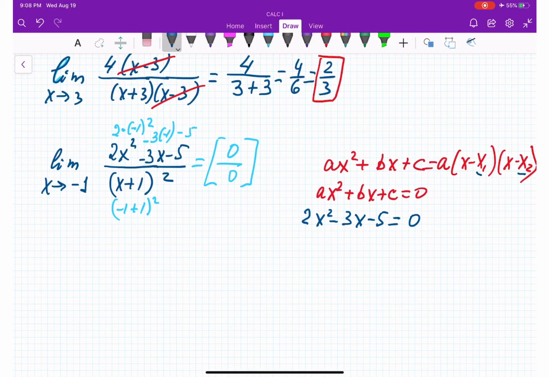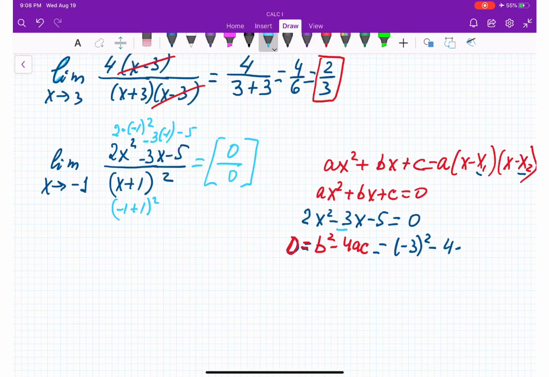To find them, first we need to find the discriminant. Discriminant is equal to b squared minus 4ac. Let's see, how much is our b? Our b is negative 3, so negative 3 squared, and then minus 4 times a.